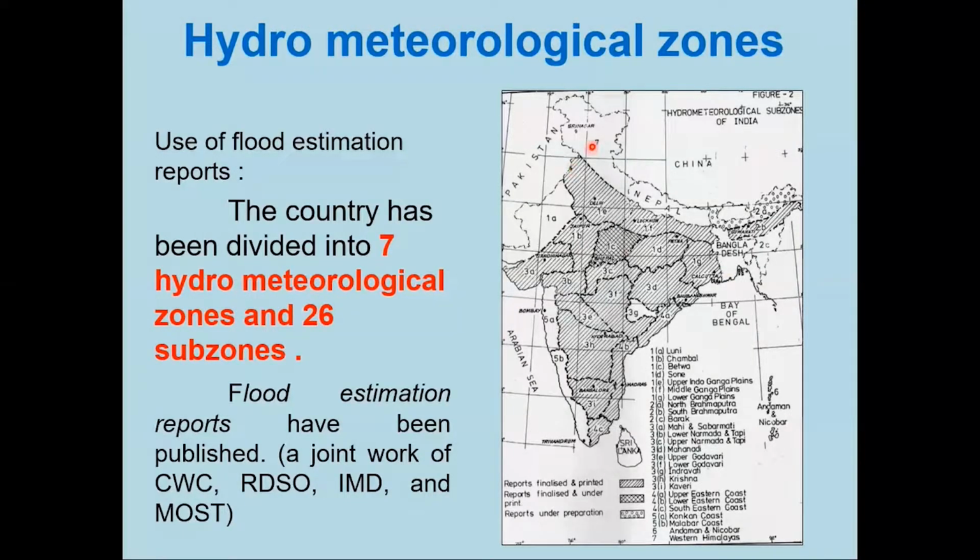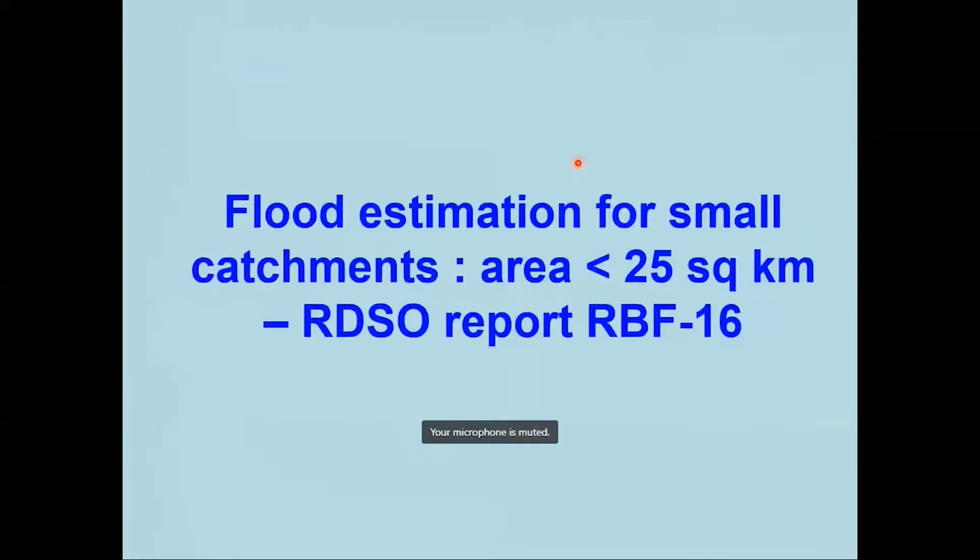Just for your information, out of these 7 hydrometeorological zones, 2 zones, zone number 7 which is Western Himalaya and zone number 6 which is Andaman Nicobar, the empirical equations for drawing the hydrograph have yet to be arrived at. But most of our bridges will fall in this area, so it will serve our purpose.